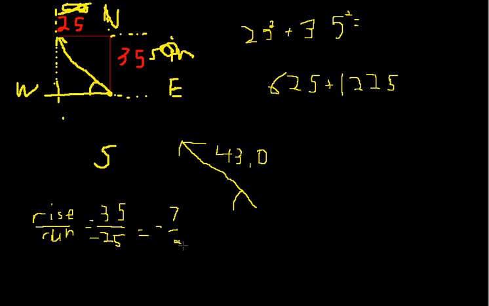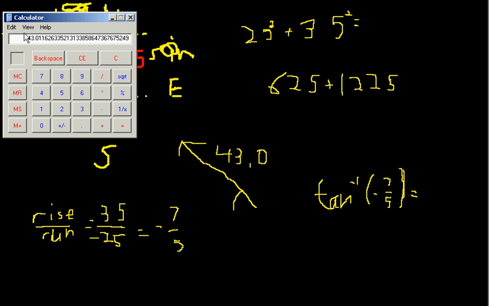So that's the slope. What do we do with the slope? Well, we use the inverse tangent function. The inverse tangent of the slope, or the inverse tangent of negative 7 over 5, gives us the angle. So what is the angle? Well, let's find out.